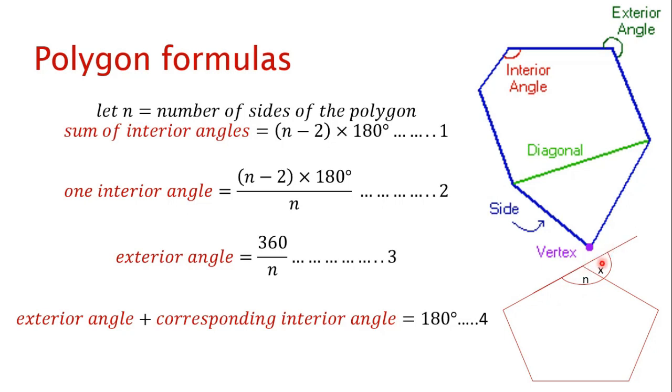So we are calling X here an exterior angle, which is corresponding to N. So both angles are forming on a straight line, and angles on a straight line add up to 180 degrees. That is why we have here exterior angle plus corresponding interior angle equals 180 degrees.